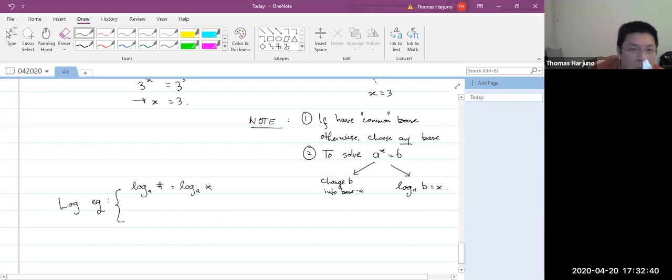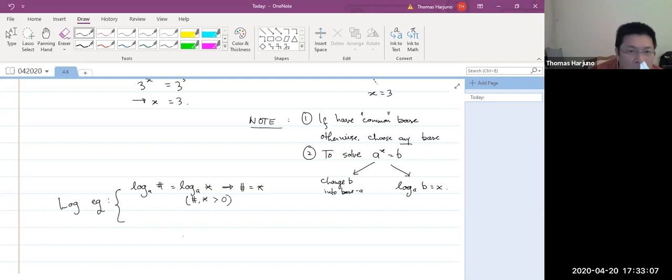If we have log blah equals log blah, it implies blah equals to blah, with a note that blah and blah have to be strictly positive. So once you get your final answer, you need to check the argument has to be positive. It cannot even be 0. Now, the first form is you have log equals log.